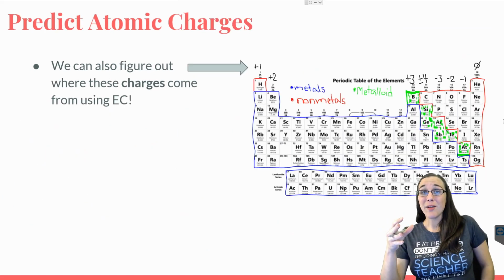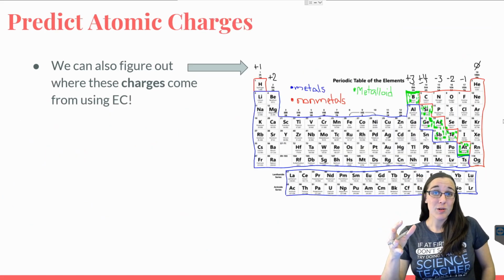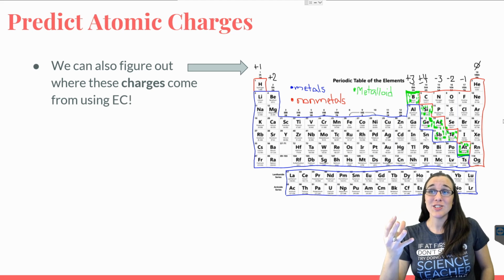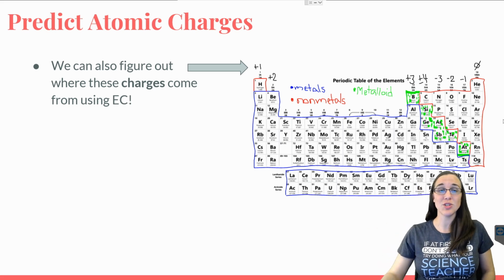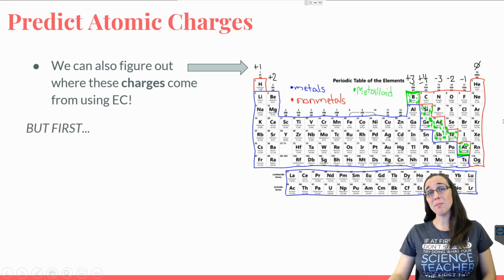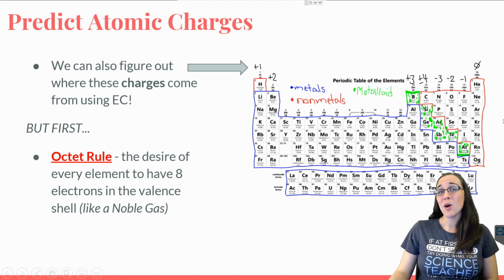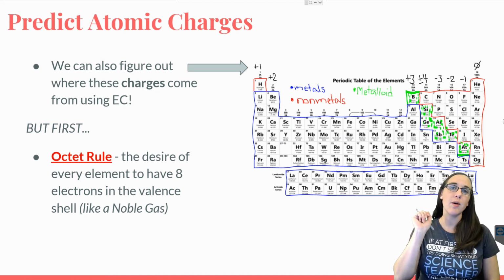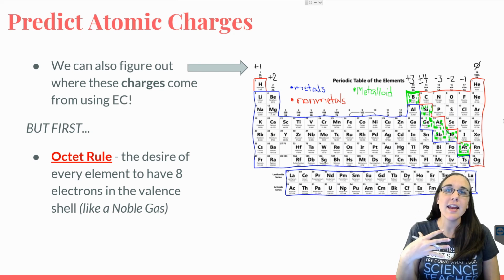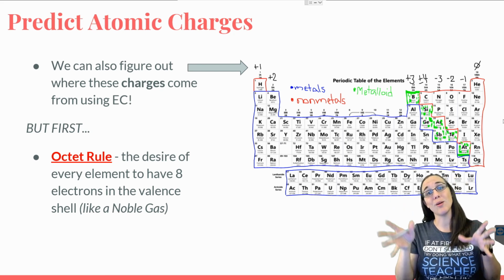Now that we know how to figure out what the valence is, the number of electrons in the highest energy shell, we can also figure out the charges that an atom will become. We can predict those charges. Remember, there's this thing where all of the atoms want to be like the noble gases. They want to be oh so noble and have 8 electrons in their outermost shell.